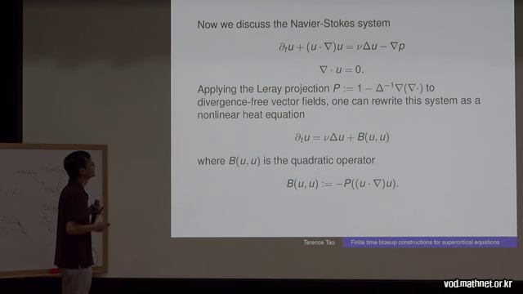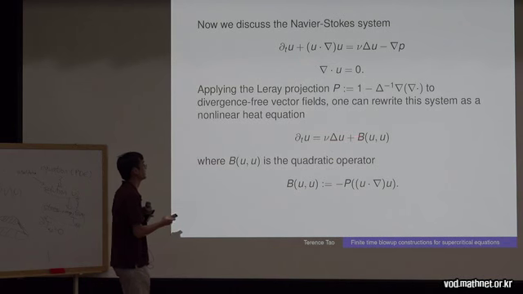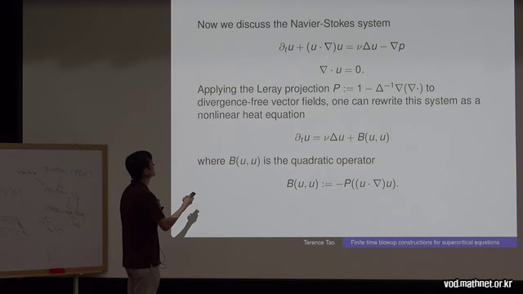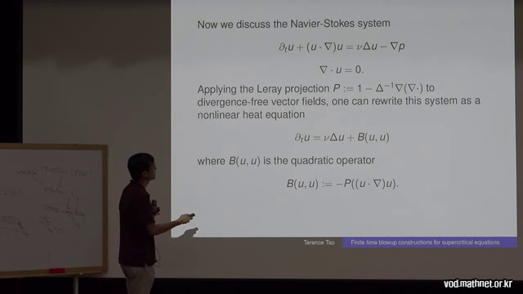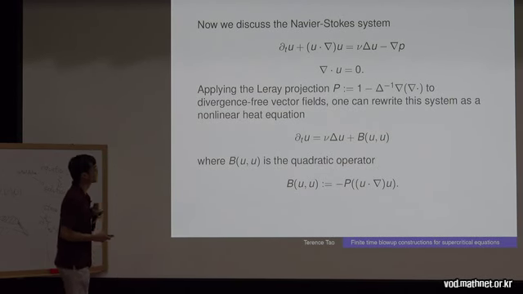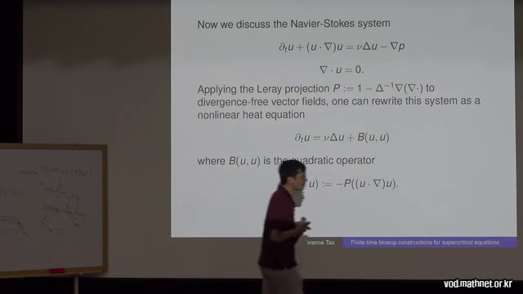So if you project to divergence-free vector fields, you can eliminate the pressure and turn the Navier-Stokes equation into a nonlinear heat equation. You can simplify the system to just ∂_t u equals viscosity times Laplacian of u plus B(u,u). That would just be the heat equation plus this annoying bilinear nonlinearity, which is this somewhat complicated bilinear multiplier here.